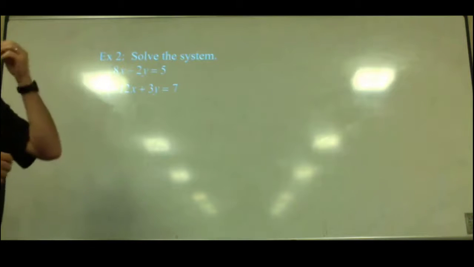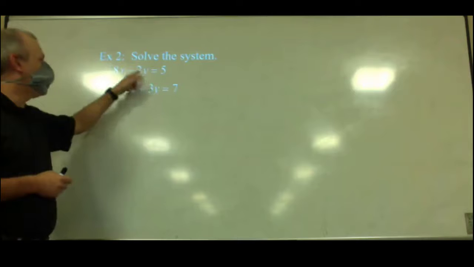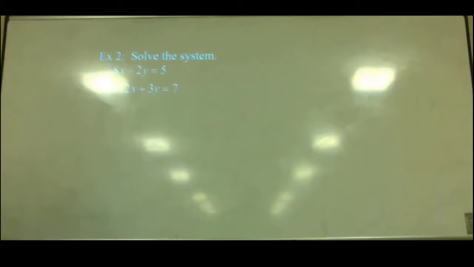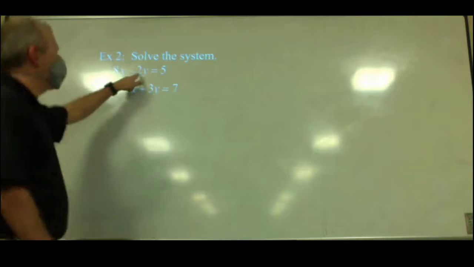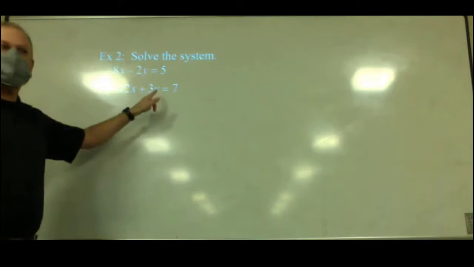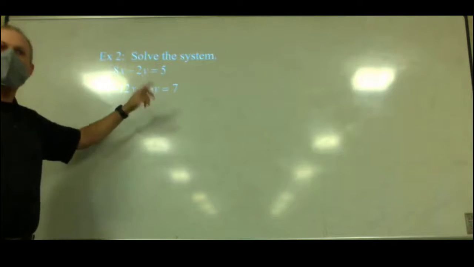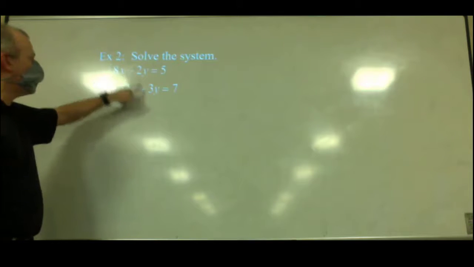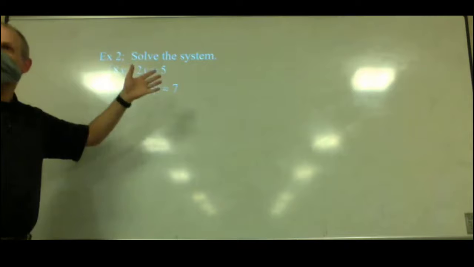What's a multiple of both 2 and 3? 6, right? 6, not a factor, a multiple. So I can use multiplication to make this into a 6, and I can use multiplication to make this into a 6, right? Now I do want one of them to be positive and one to be negative. And so it's really good that the 2 is already negative and the 3 is already positive. So that's a good thing.